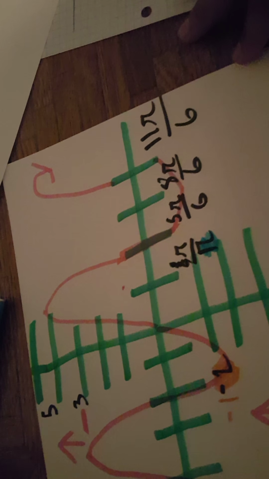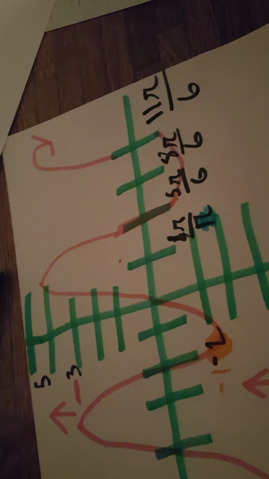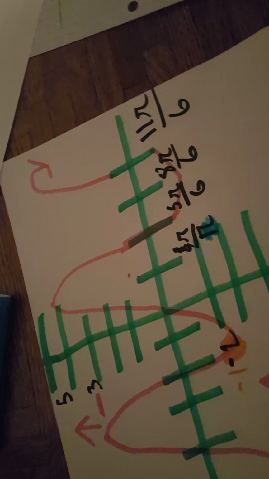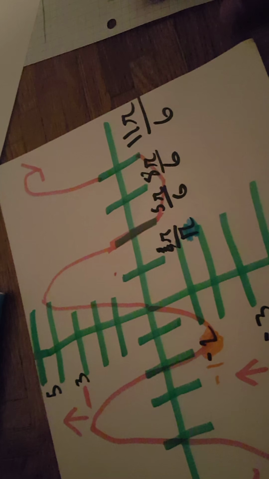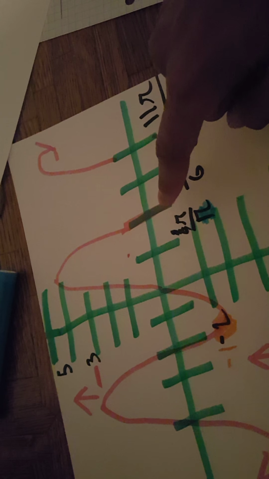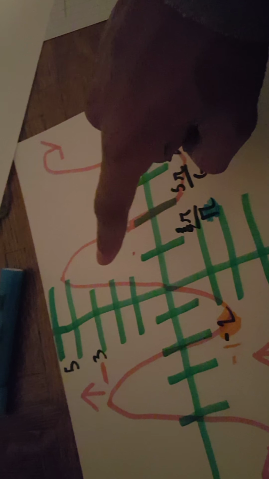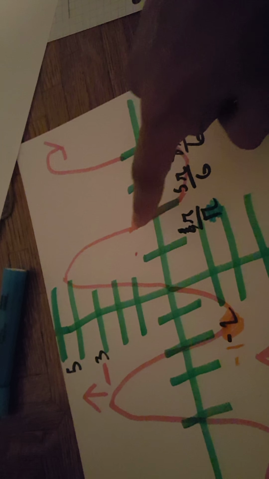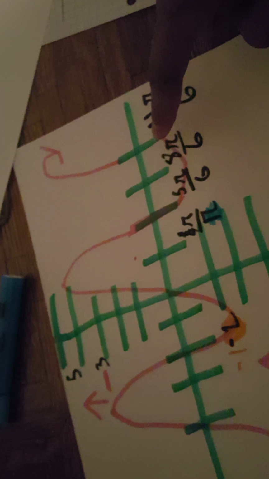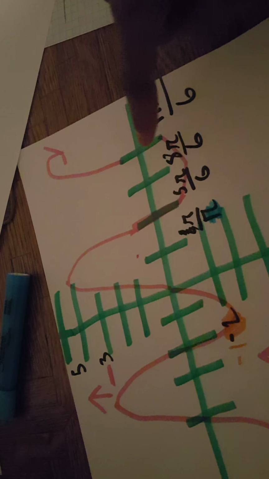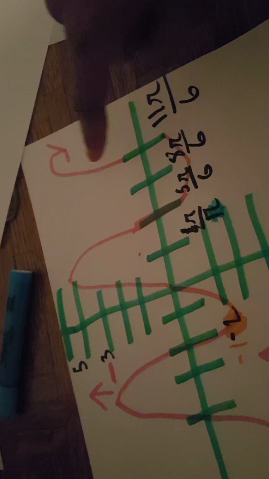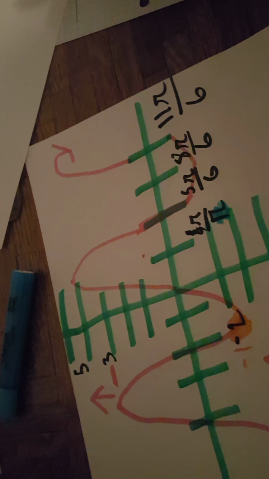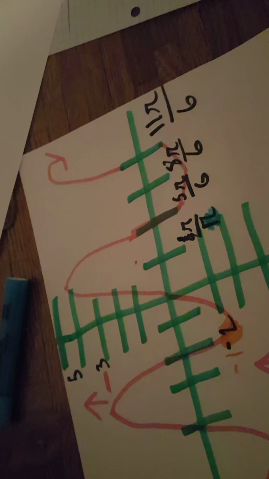11 pi over 6. Now you're looking at this graph, you're like, I don't understand, right? Well, here's the thing. Our normal typical graph, if we did not phase shift, would go up, down through the second one, because it's sine. Cosine will go through the first one. Come back up, through, skip, through, and down. But what did we do? Can you remember?